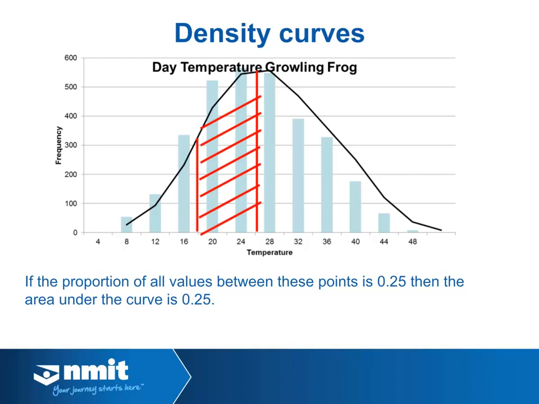If that is the case, then 25% of all recorded values, all recorded temperatures which were logged in the canopy of this grapevine, would be between 18 and 26 degrees. This is statistical dogma. It's a universal mathematical fact if the data set we're looking at is normally distributed.